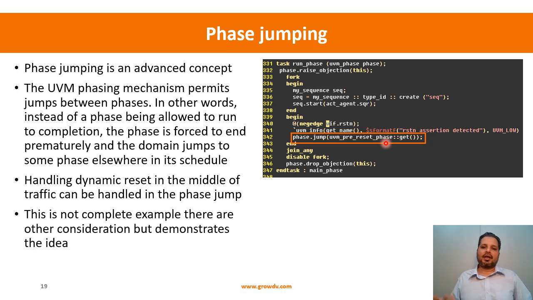I can jump to any phase, it's up to you, but you should be aware and your environment should be capable of dealing with it. That is what is important. It has to be adjusted all around, and once you do this, it will terminate this particular phase prematurely and go to the pre-reset phase again, from which it will continue executing downwards, right? That is a type of capability provided within the UVM.